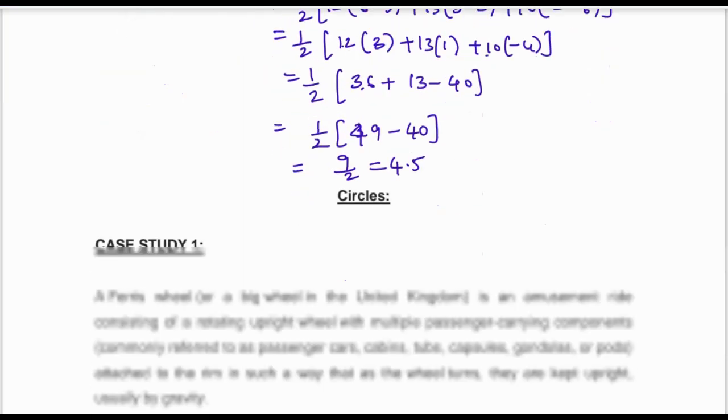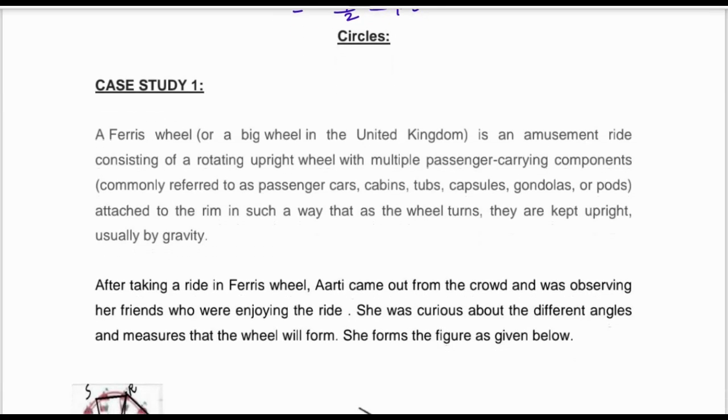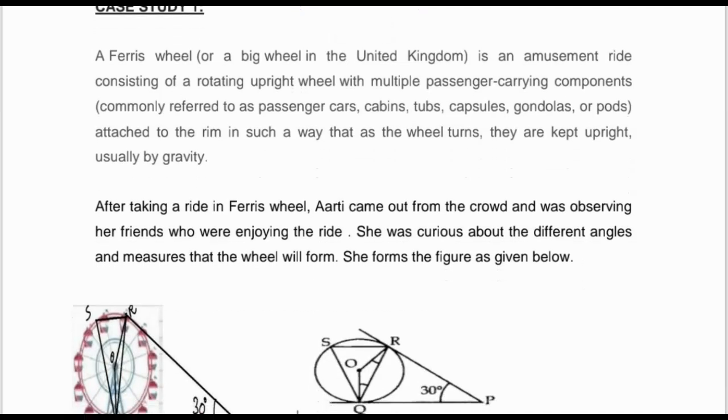So yeah, moving on to the next question of the next chapter, which is circles. So we'll be doing some problems on circles now. Case studies on the circle chapter. So here we have case study 1.